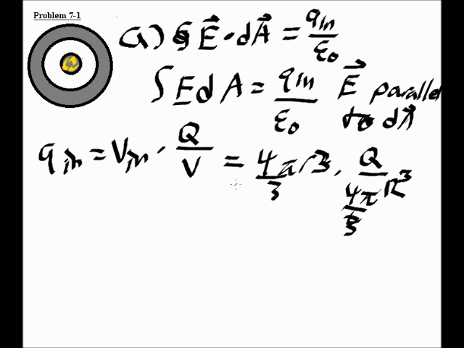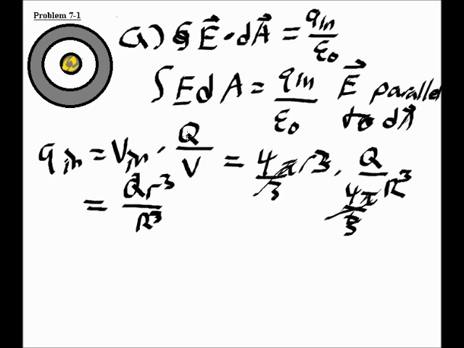Can't remember my volumes. So then a little canceling out goes along. And Q in equals Q little r cubed over big R cubed.